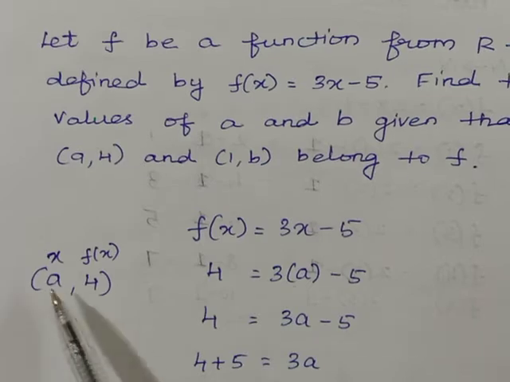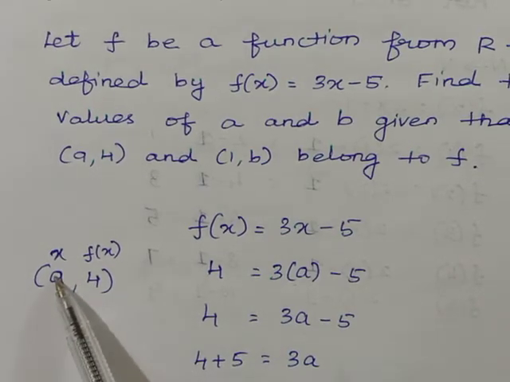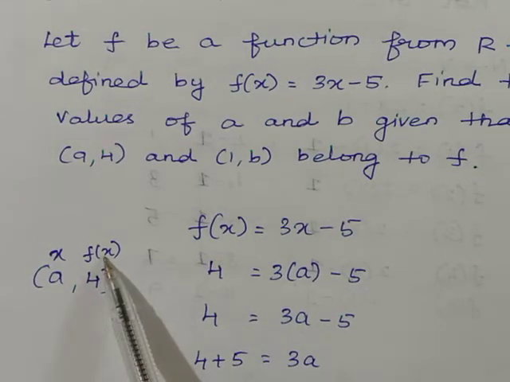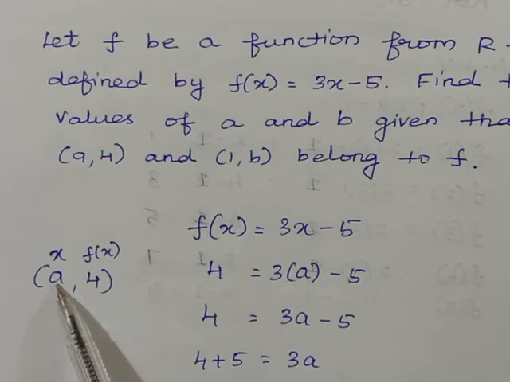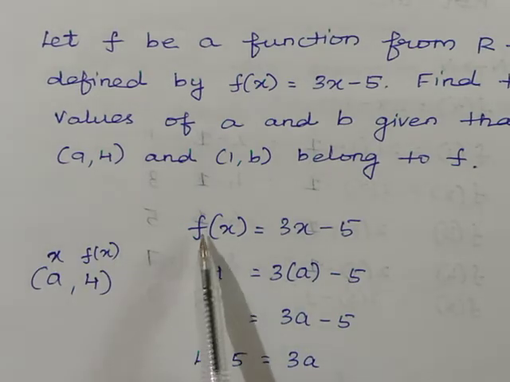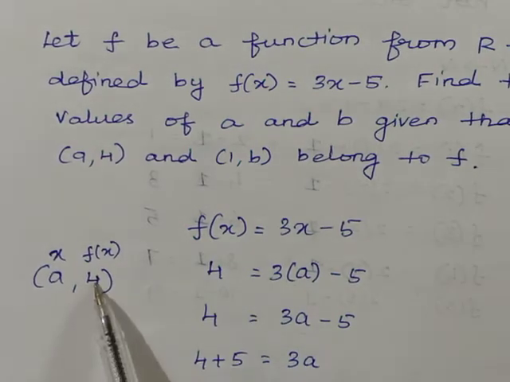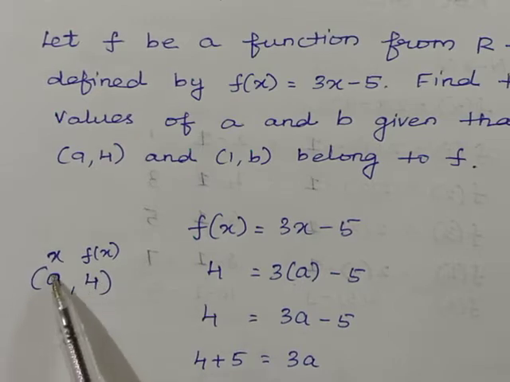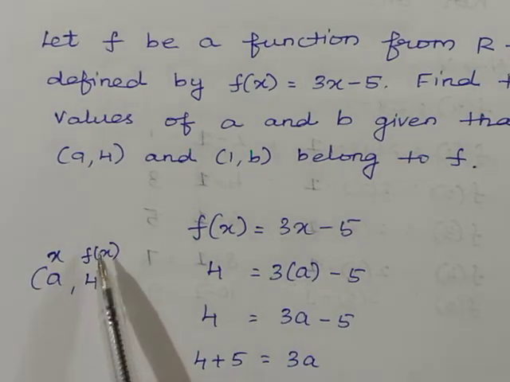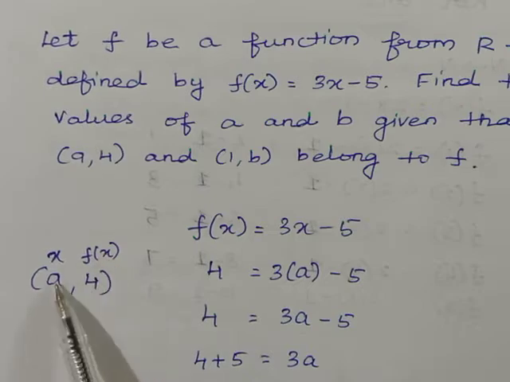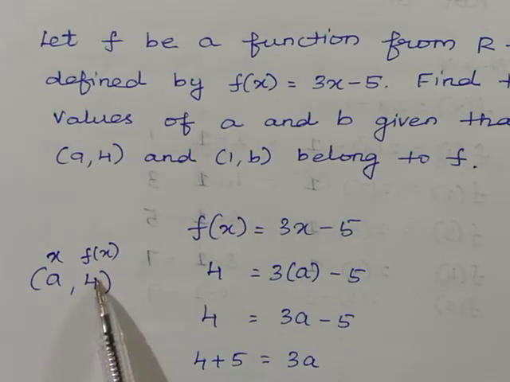What is meant by (a,4)? This is the value of x and this is the value of f(x). The first number always denotes x and the second number denotes f(x). When you substitute the value of a, you will get the answer 4.